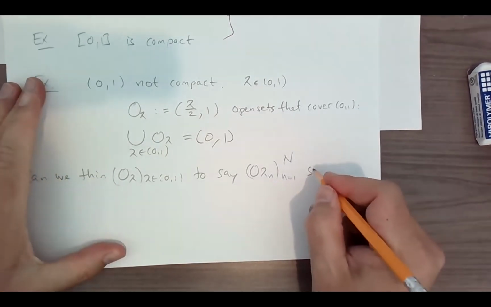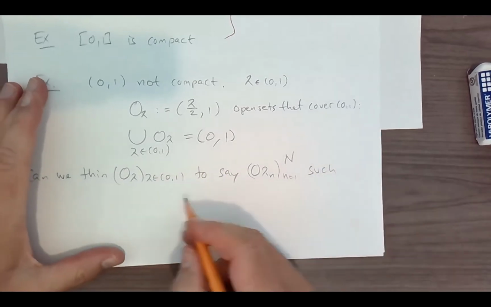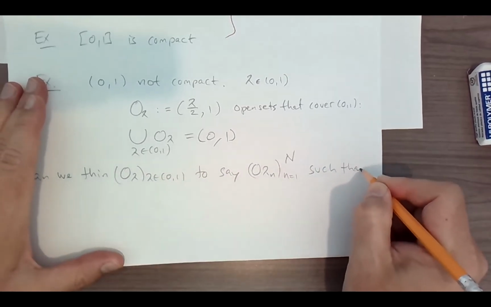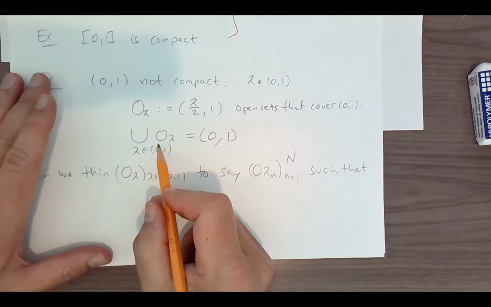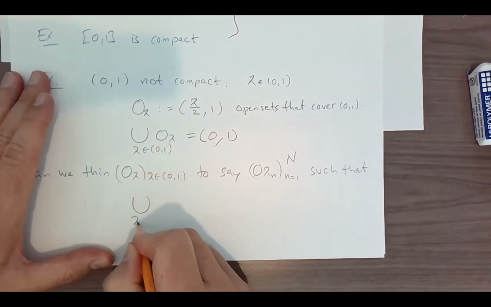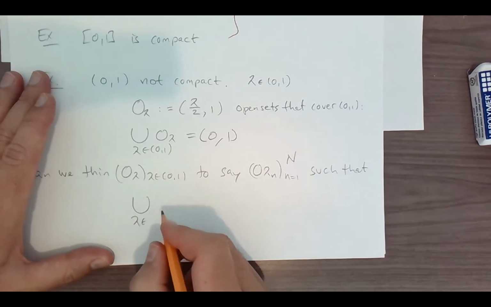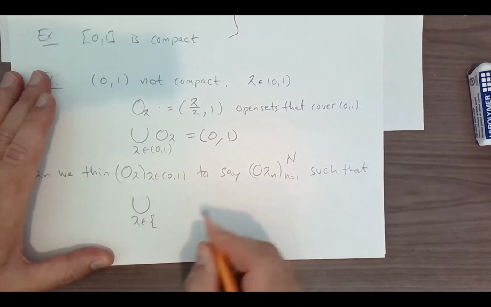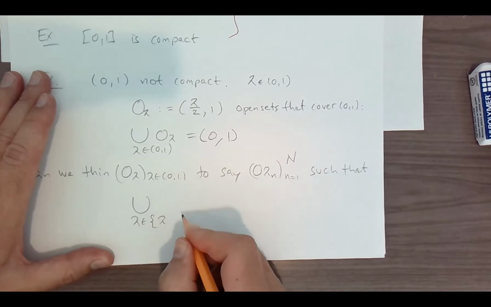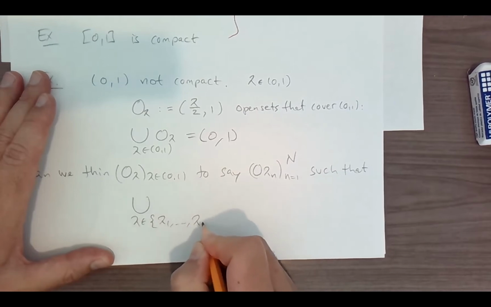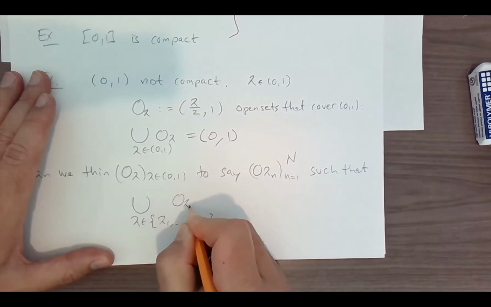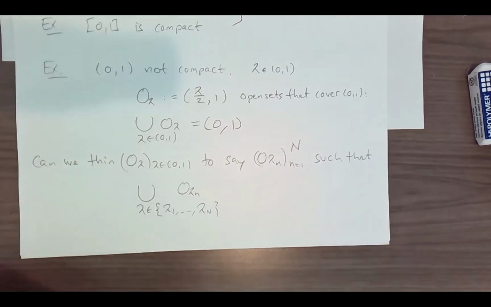Can we thin it such that, well, we need the same property, but for the thinned out one? Can we do that?